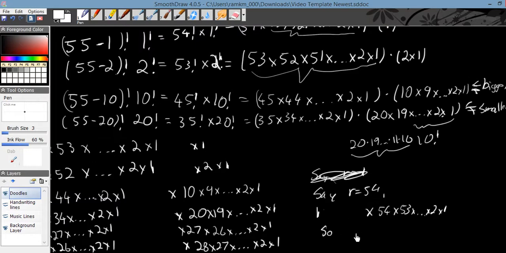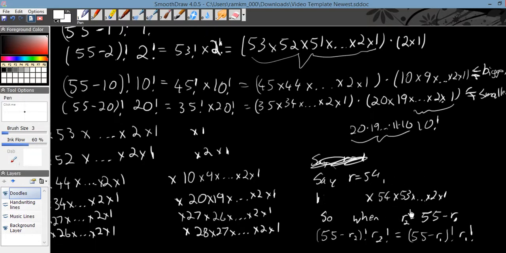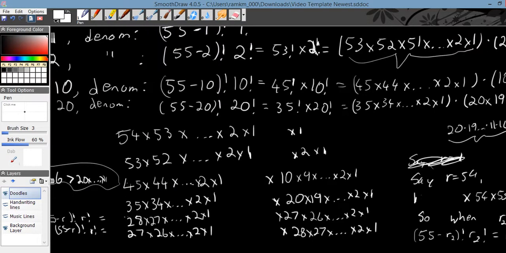So really, in general, we can express this more generally by saying, well, when r2 equals 55 minus r1, 55 minus r2 factorial times r2 factorial equals 55 minus r1 factorial times r1 factorial.